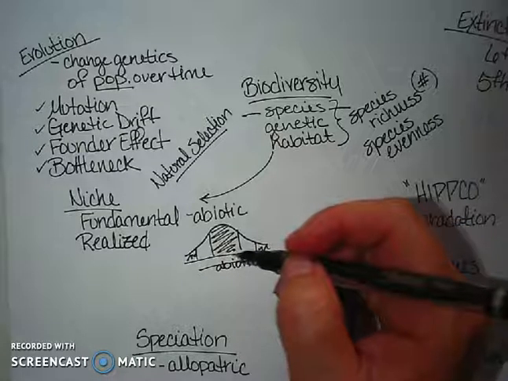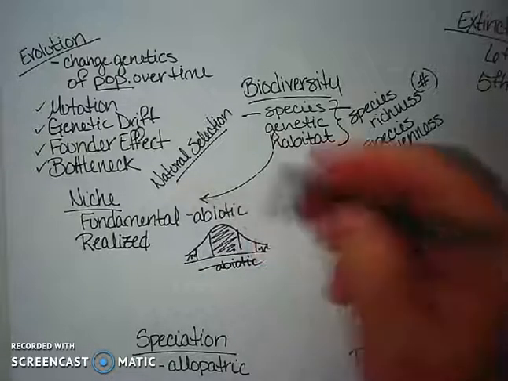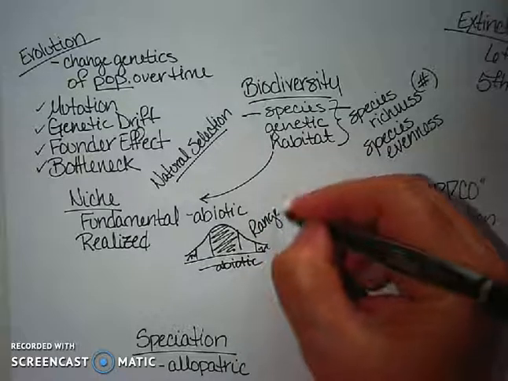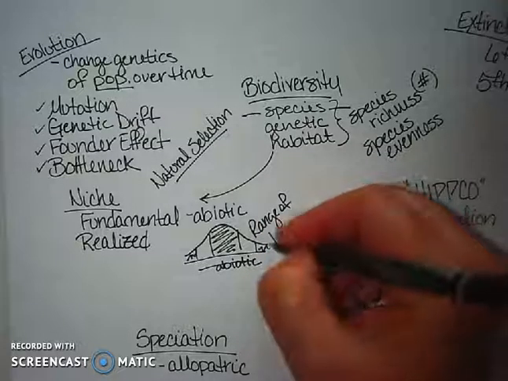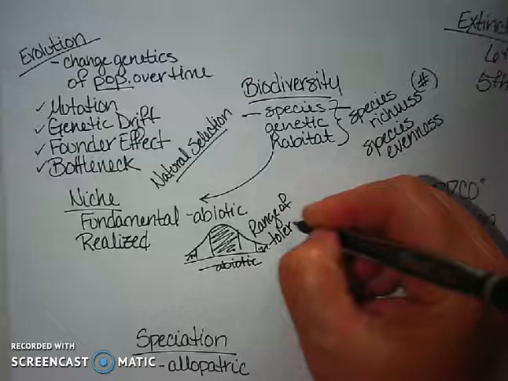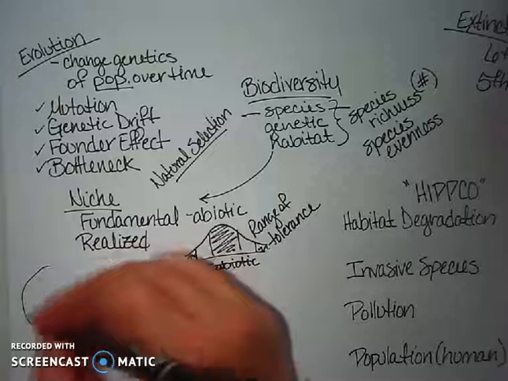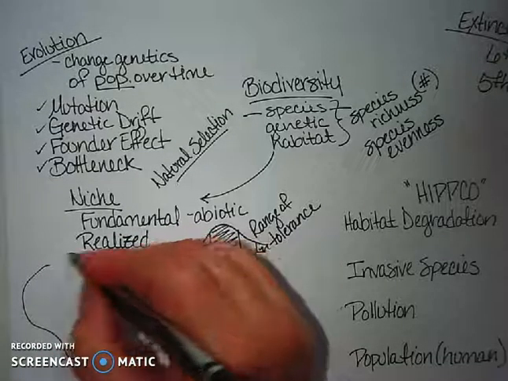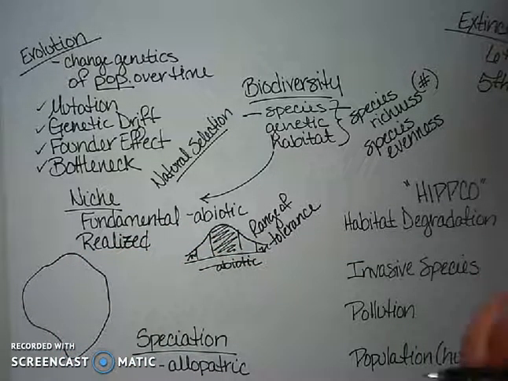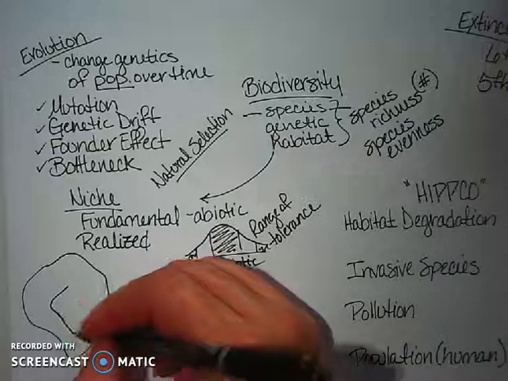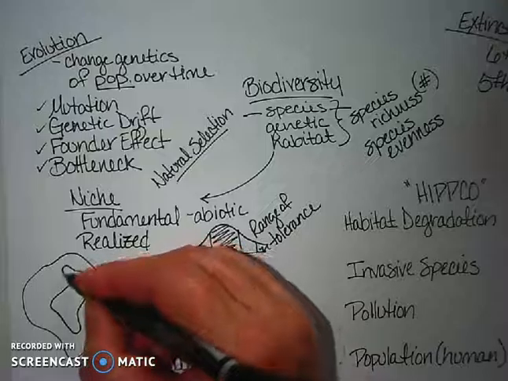So all these different abiotic factors and the range of tolerance lead to this fundamental niche, which would be like this big area. Okay. And that's set by abiotic factors. But the fact is the organism really lives in this area.